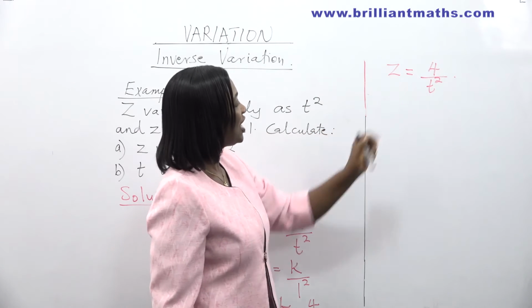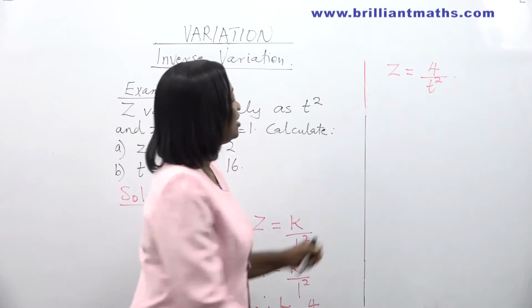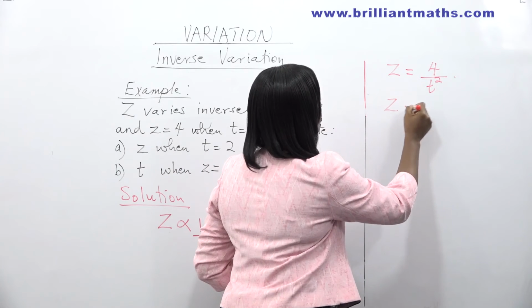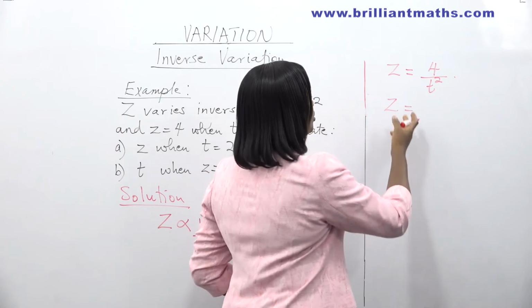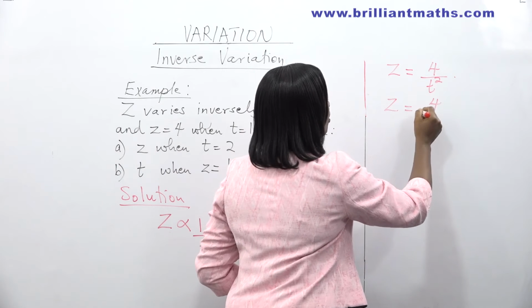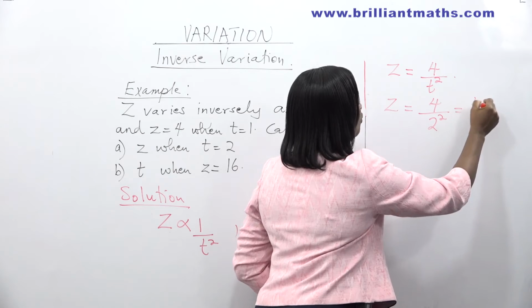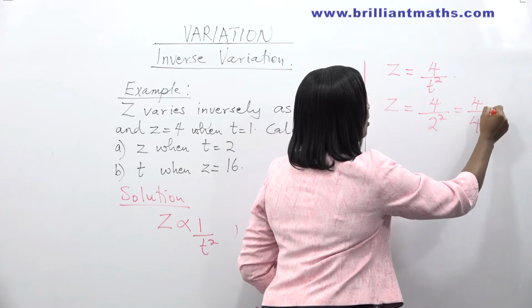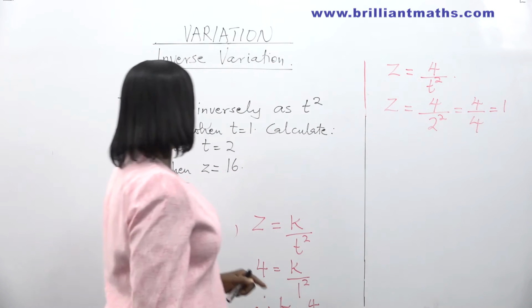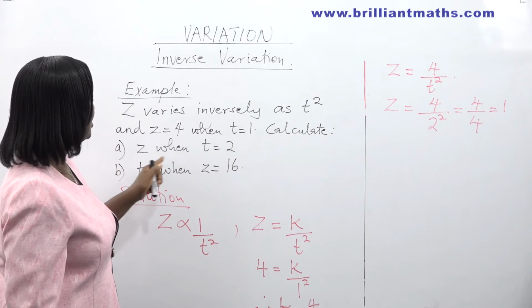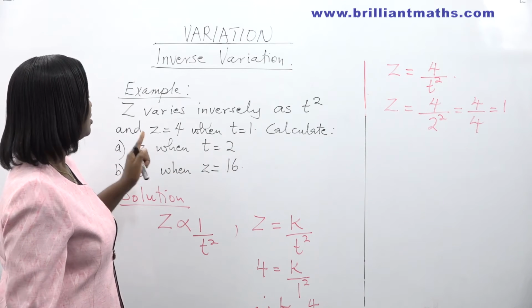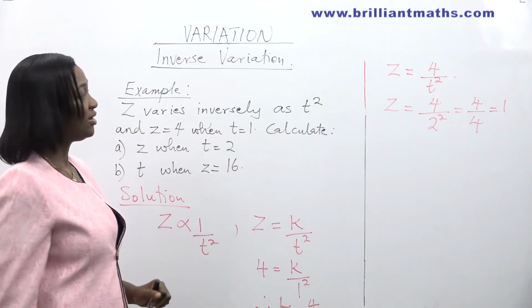So we input that into the formula. We're finding z when t is equal to 2. So z is equal to 4 over 2 squared, which is 4 over 4, which is equal to 1. So that means that when t is equal to 2, z is equal to 1.